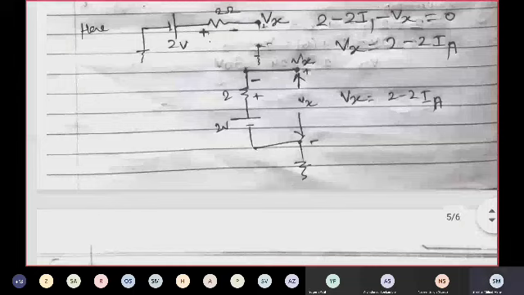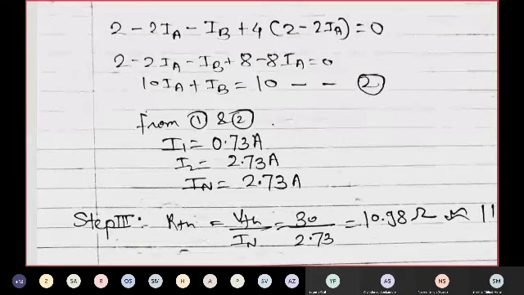After substituting and solving, we get the equation 10 IA plus 10 is equal to 10, which is equation number 2. From equations 1 and 2, we get these two values: IA is equal to 0.73 ampere, and IB is equal to 2.73 ampere.